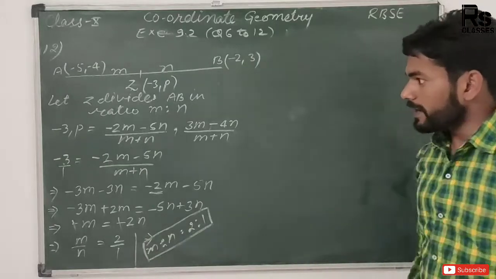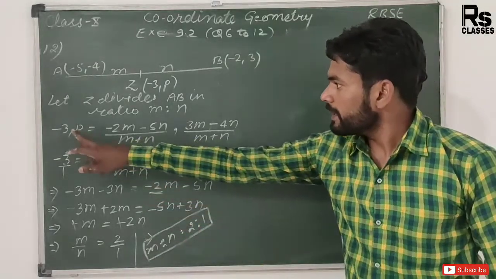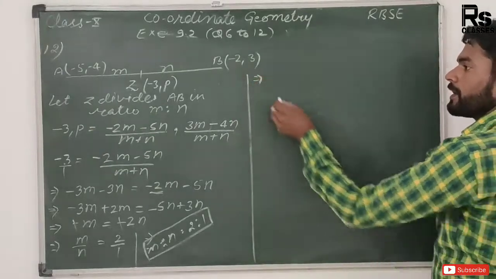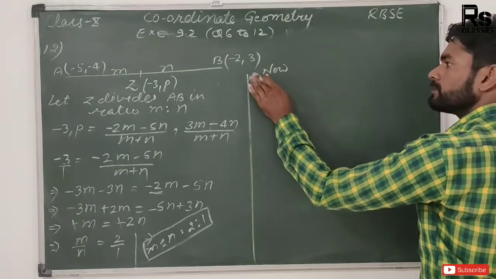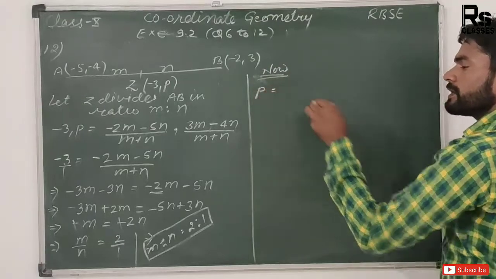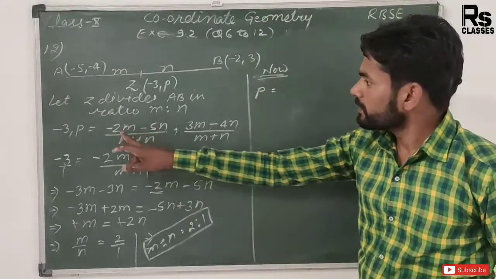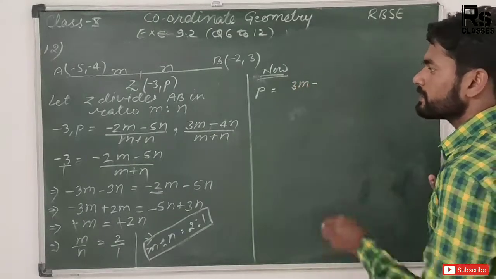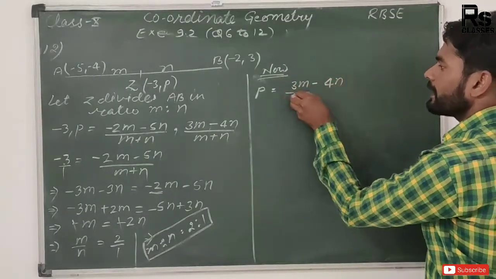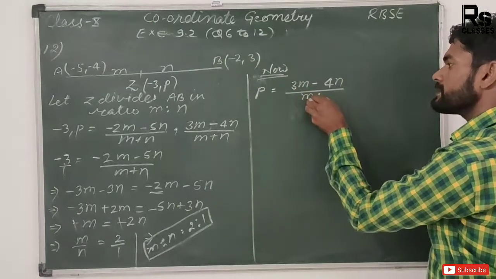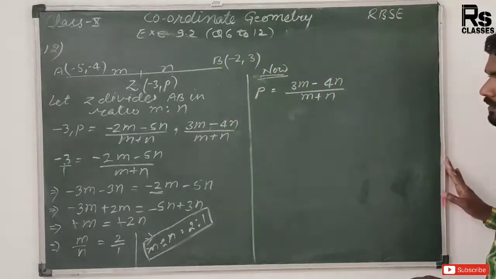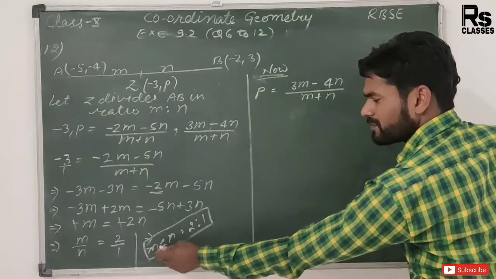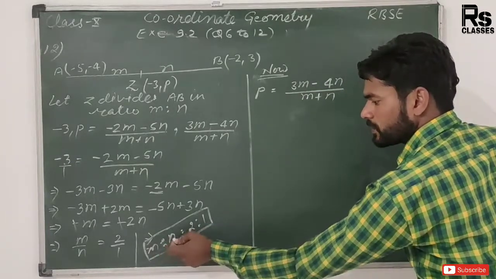Now we also have to calculate the value of P. P is equals to 3m minus 4n upon m plus n. We don't have the exact value of m, still we can consider let m is equal to 2 and n is equals to 1.